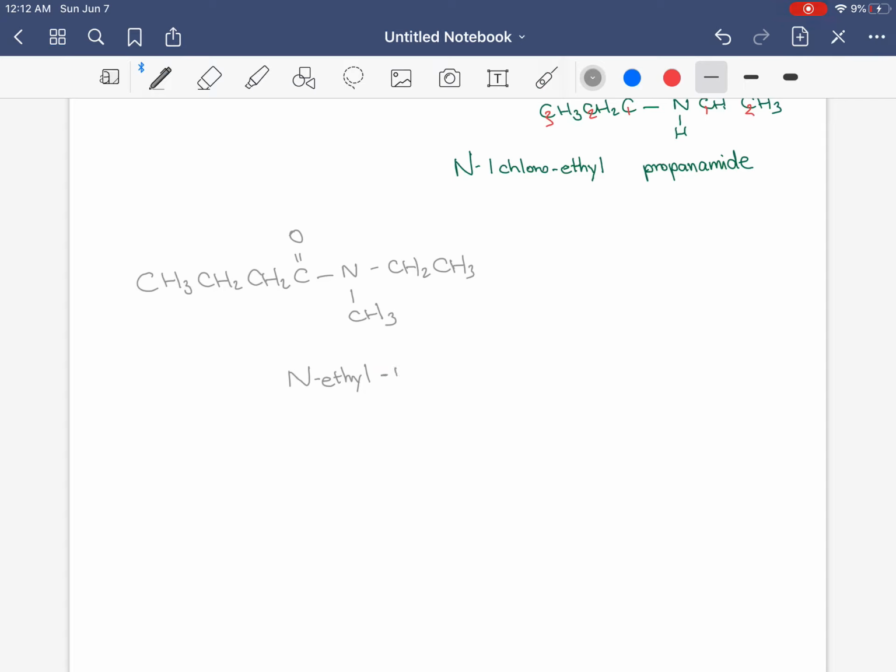Dash, and the other N is connected to a methyl. So you're talking about this guy. Okay? Space, butanamide. Okay? Hopefully you guys are comfortable with that. Let's do another one. Use blue here.